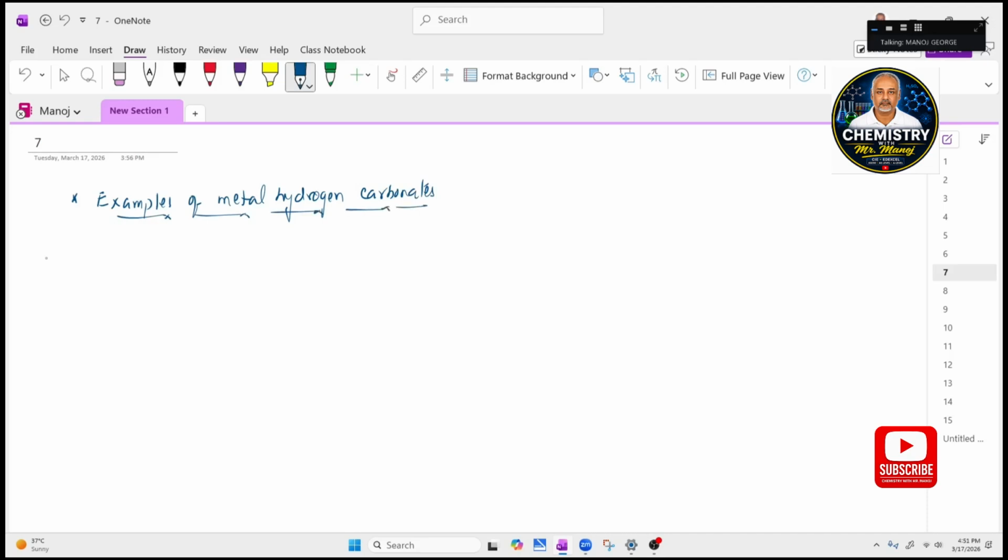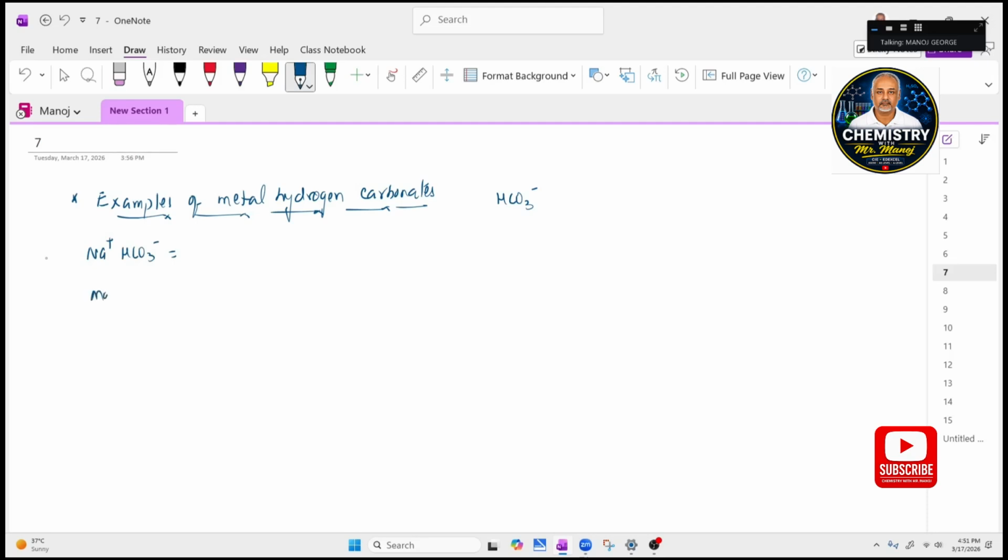The worst mistake in chemistry is with respect to formulas. Remember, hydrogen carbonate is HCO3 negative. Now, for example, if I have sodium, I have HCO3 negative. So you guys can start working on it.